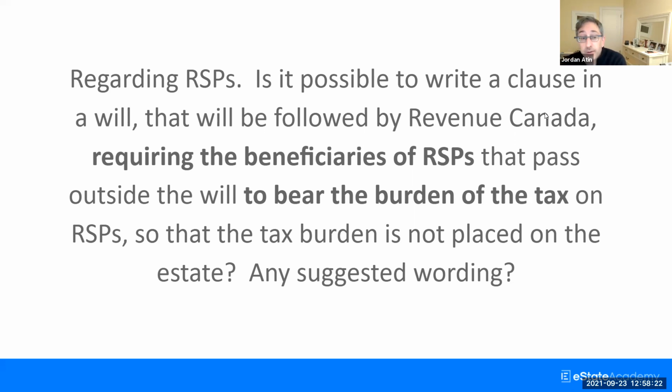And so it's very difficult to deal with unless your beneficiary of the RSP is also a beneficiary under the will, in which case, like we said about the second spouse, you can adjust it using a hodgepodge type clause that says deduct any tax that the estate is bound to pay resulting from that RSP.